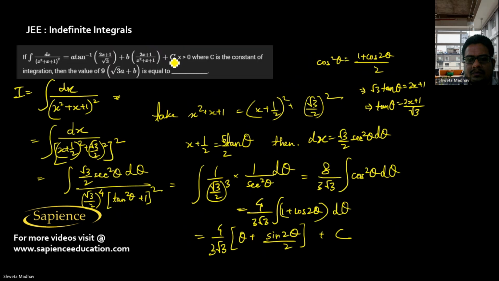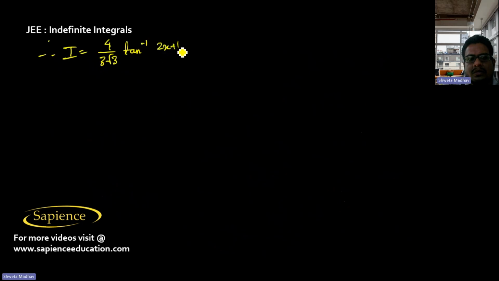So therefore the integral will be equal to 4 by 3 root 3 into tan inverse of 2x plus 1 by root 3 plus 2 by 3 root 3 into sine 2 theta.